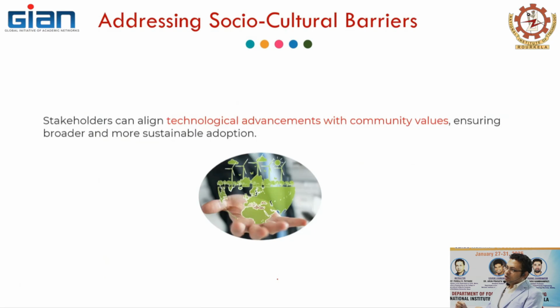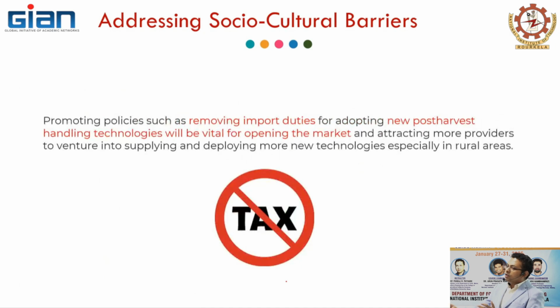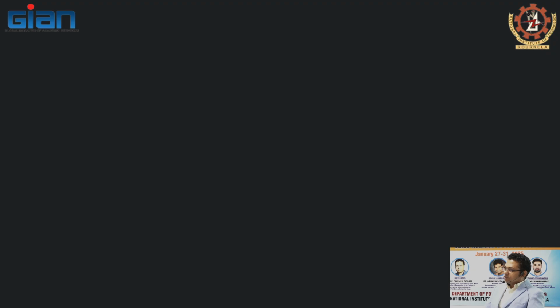Whatever technological advancement is coming, or the new advancement we are using, is indirectly helping them to improve or increase their financial benefits actually. So they may be aligned with this, they may be helping here, and they are ready to adopt it.